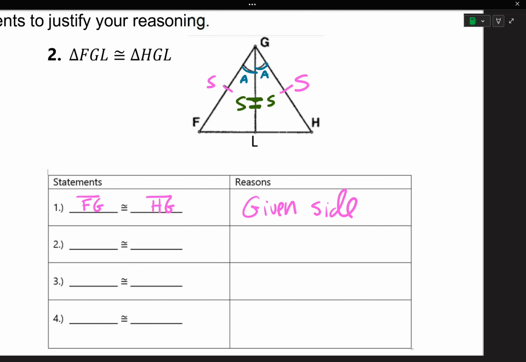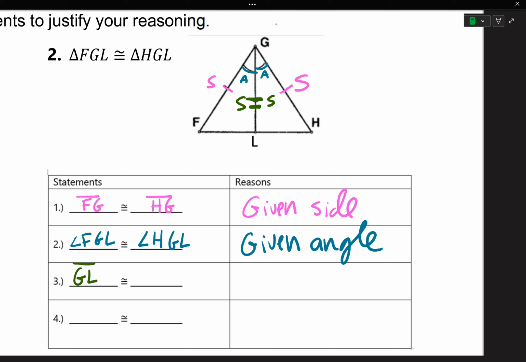Next, we have the angle FGL congruent to angle HGL, and this was a given angle. And lastly, we have that side that they share. GL is congruent to GL by the reflexive, that's how you spell reflexive property.